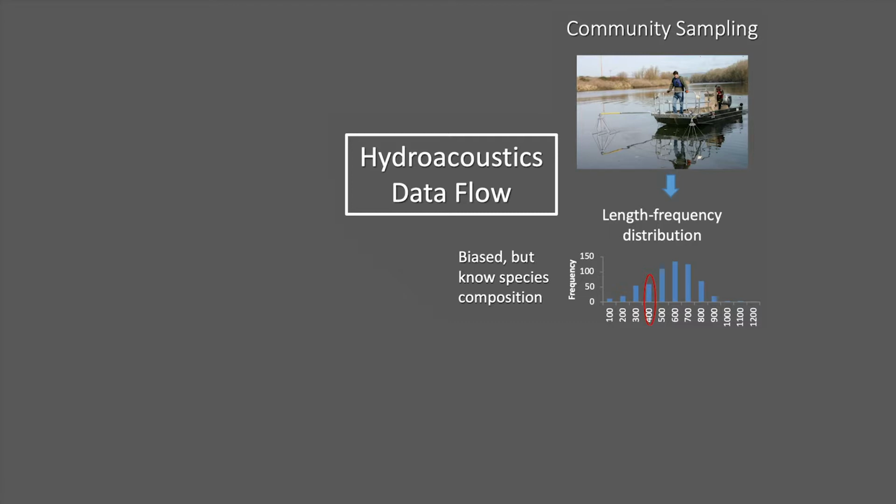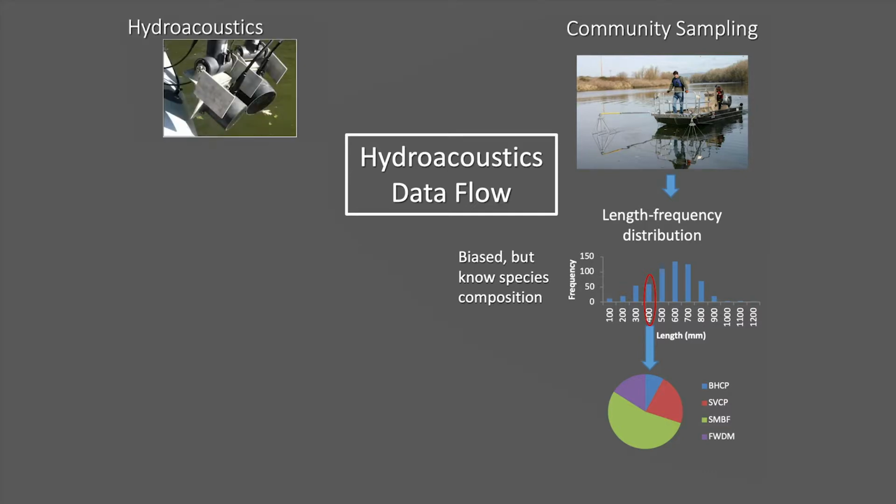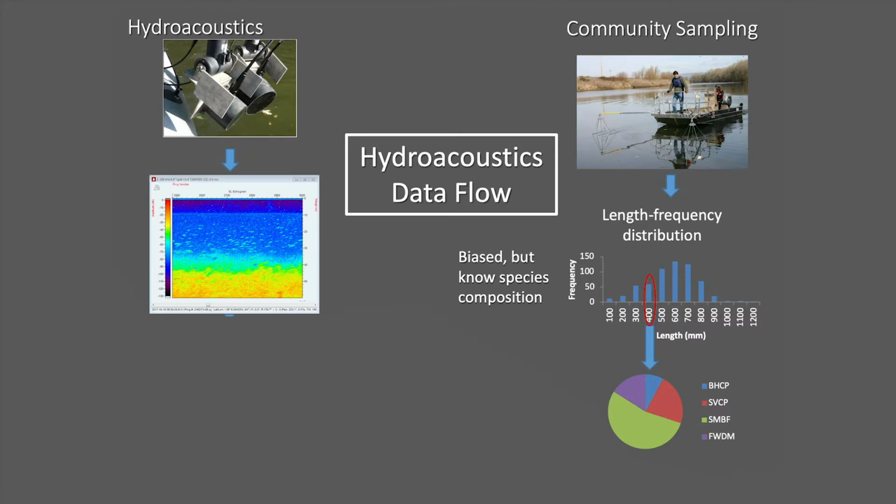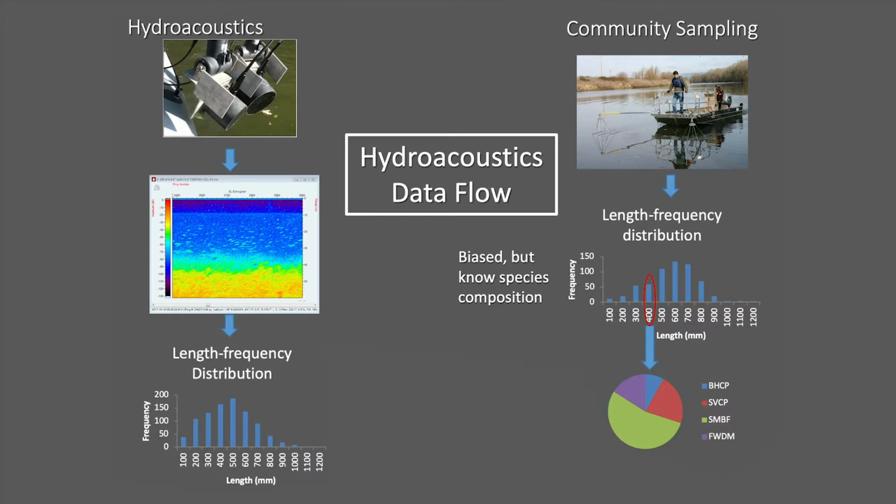And so we can take a particular size category and split that up into proportions of things like bighead carp and silver carp. Hydroacoustics then, we're using that information or conducting those surveys to process all this information to figure out maybe a less biased view of that length frequency.